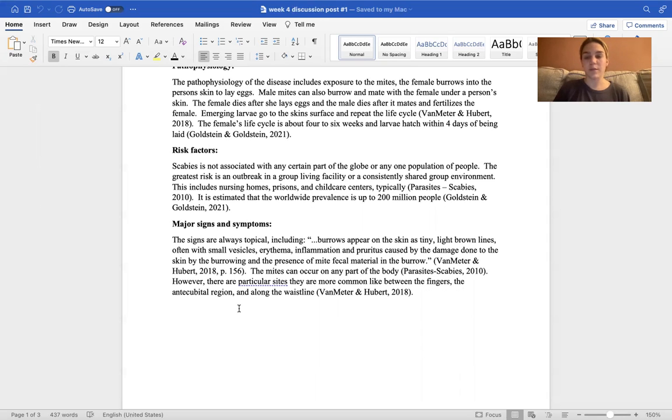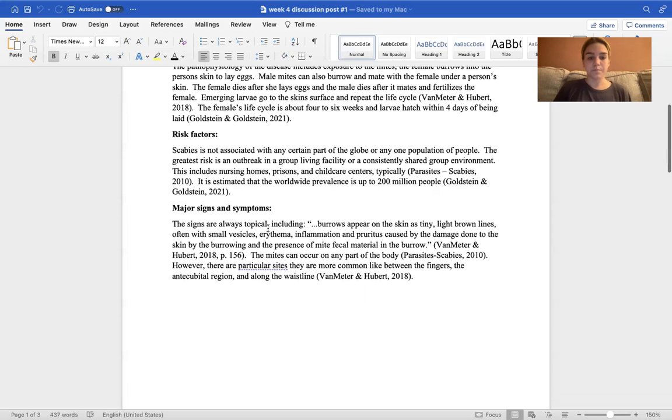This would include places like nursing homes, which is somewhere you might see crusted Norwegian scabies, as it could go untreated or unnoticed depending on where it is in the body. And then prisons and childcare centers. It's estimated that the worldwide prevalence is about 200 million people.